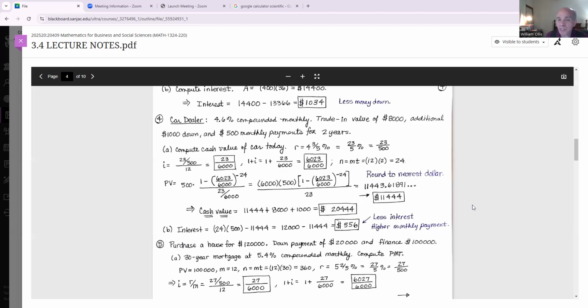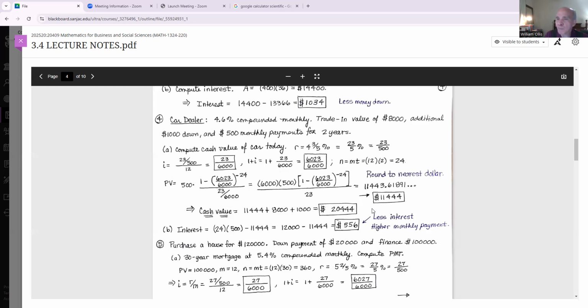So when we add to the 11,444, we have a cash value of $20,444. So again, the calculations here may simply be what you need at the time. Again, this is an academic exercise, and it doesn't necessarily mean that you have to compute this. But I will say this.